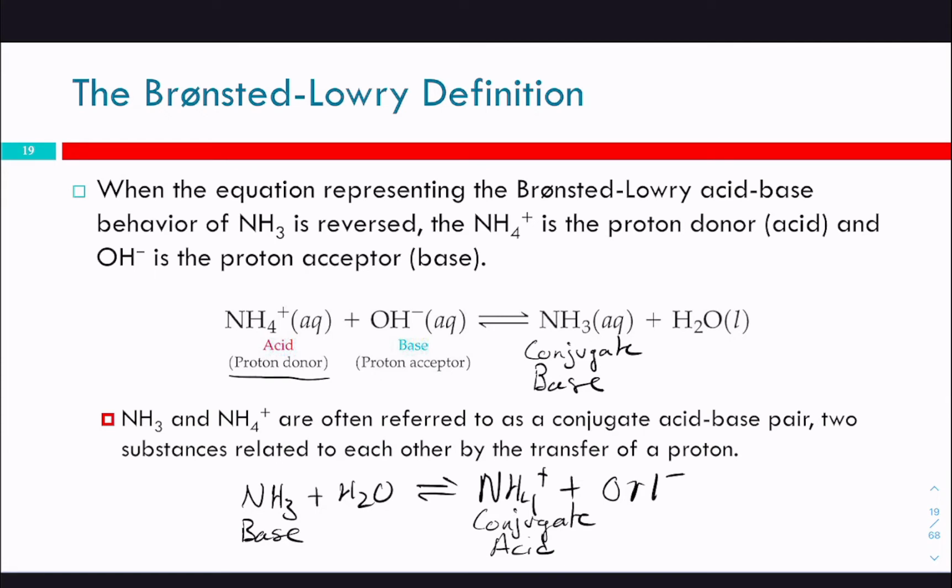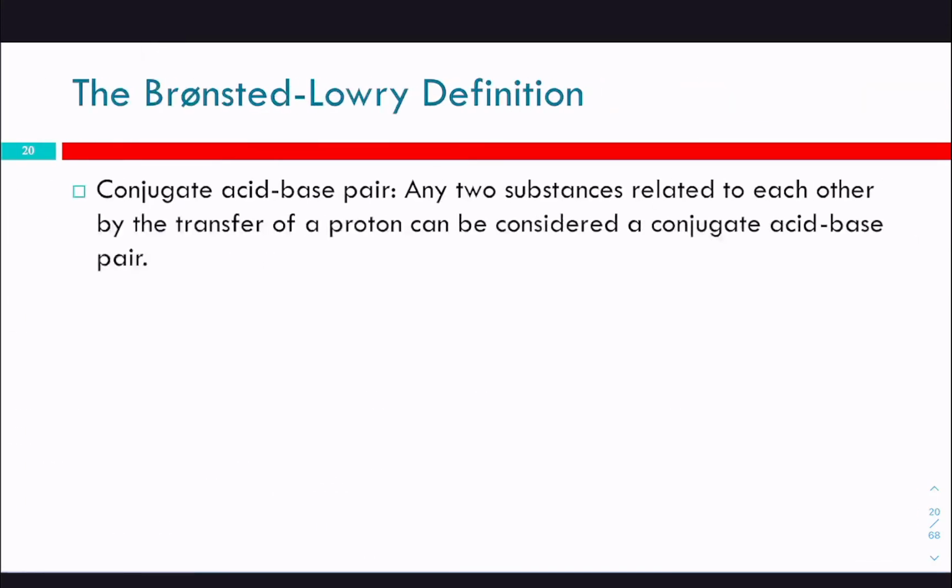So it all just depends on which way the proton's going. The reactant side is always going to be your acid or your base. The product side will be a conjugate acid or a conjugate base. All right, so our conjugate acid-base pair is any two substances related to each other by the transfer of a proton.